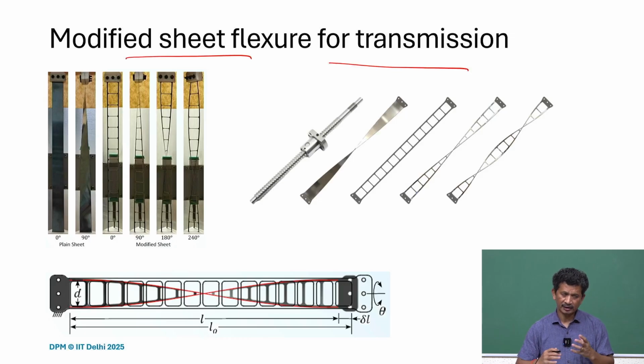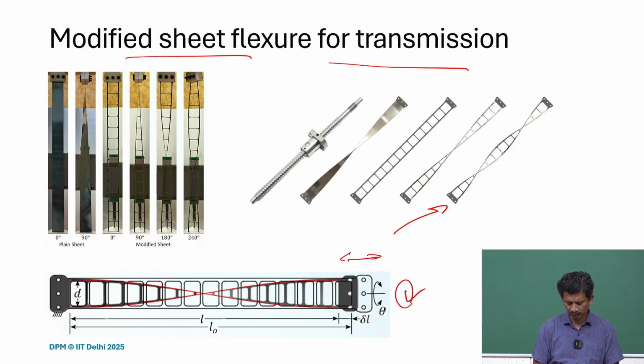What we realized is that we can twist it for larger rotation, so we can extend. But at the same time, because of the shortening, once we rotate, there will be shortening. So we were able to find a flexure based transmission system from rotary to translation. This is one we presented in the USPEN conference.